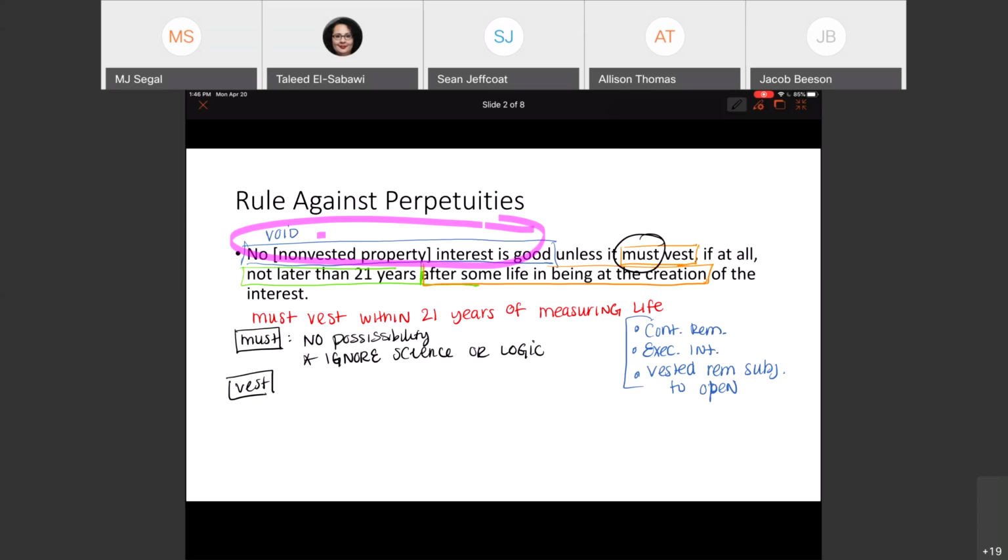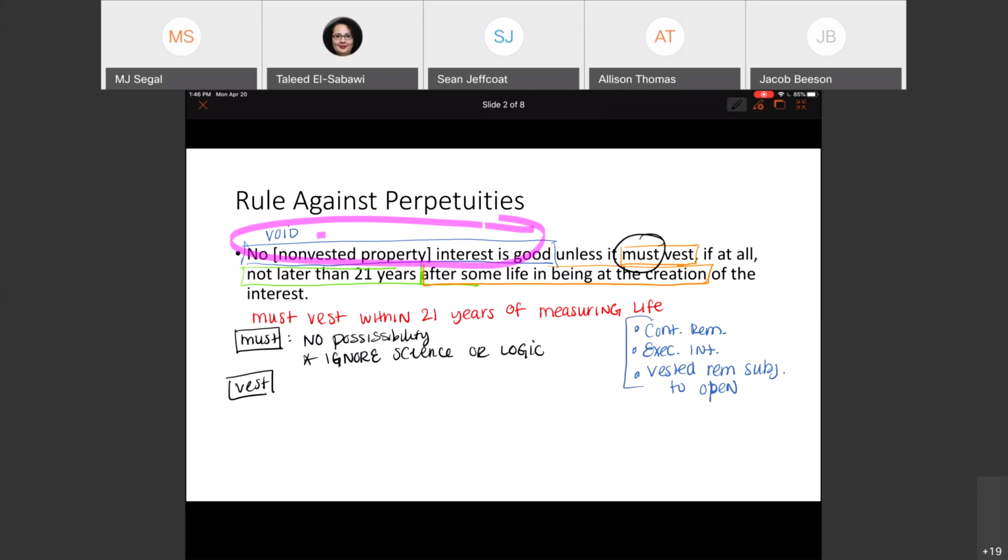So it gives immediate, fixed rights to present or future enjoyment. Another commentator defines it as: an interest vests when it is secured. And this is one of those definitions that's using the word in the definition, but it is what it is.